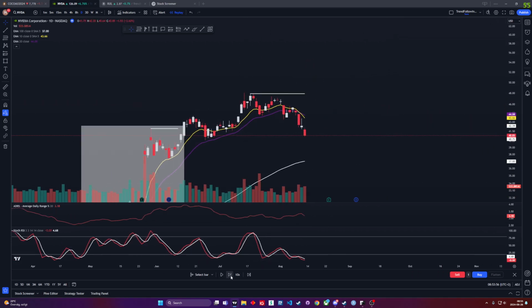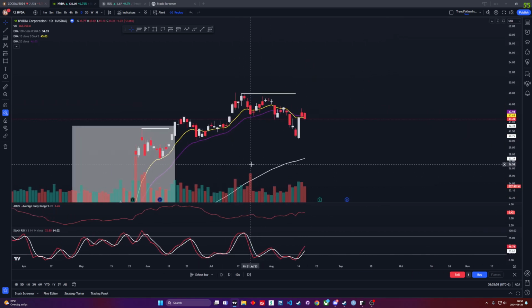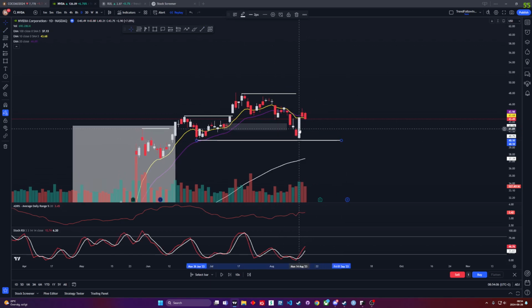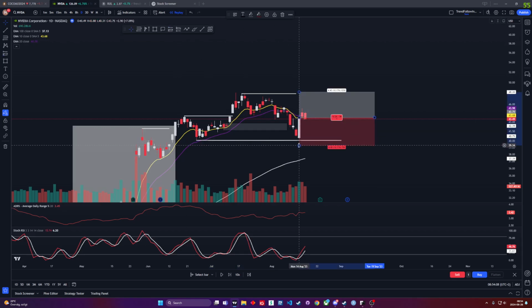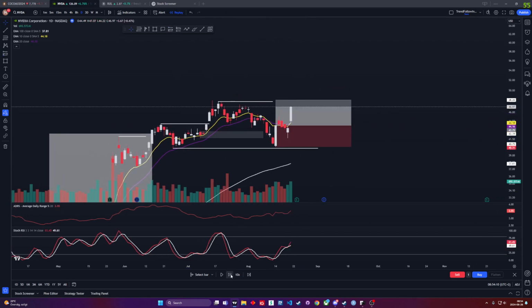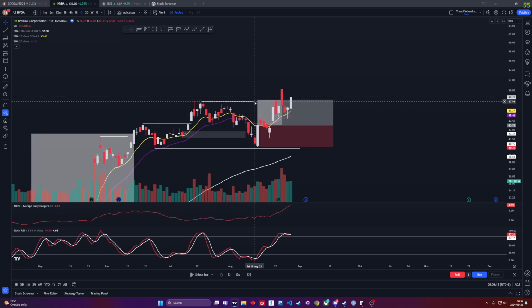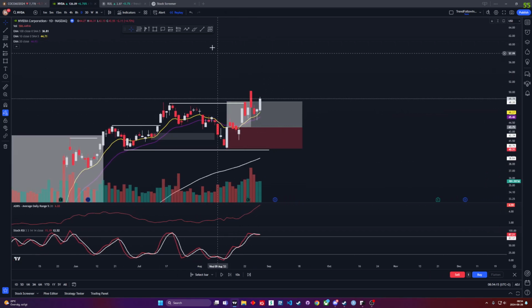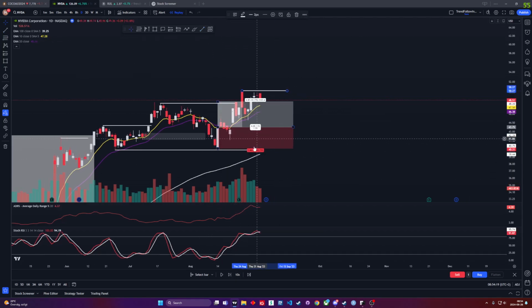Now let's look for re-entry. Would this be a liquidation? No. This would be a valid trade, yes. And price keeps going up. New structure.